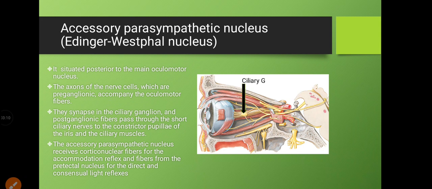The axon of Edinger-Westphal nucleus is preganglionic parasympathetic fiber, which passes with the oculomotor nerve and synapses with the ciliary ganglion. The postganglionic fiber reaches the constrictor pupillae and ciliary muscle through the short ciliary nerve.